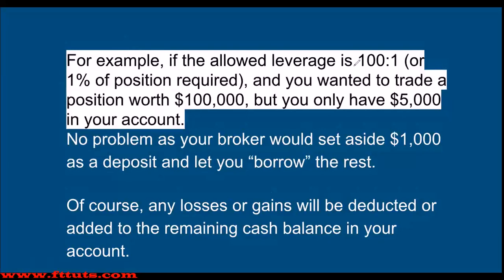So $1,000, right here, times the leverage, which is 100, is going to equal $100,000, which is 1 standard lot. That's the deposit. What you would have remaining is $4,000.